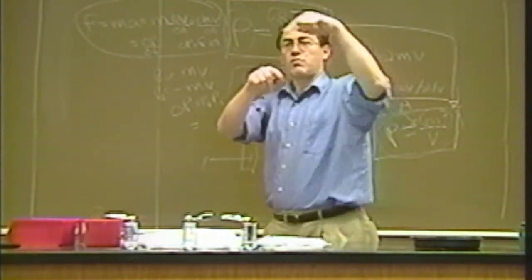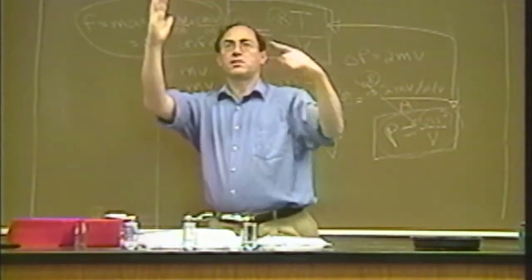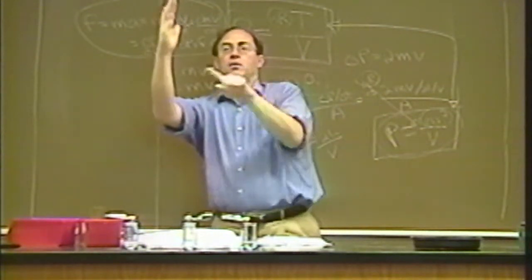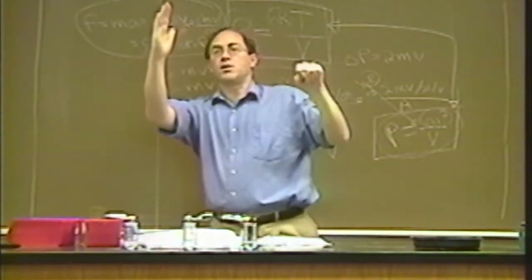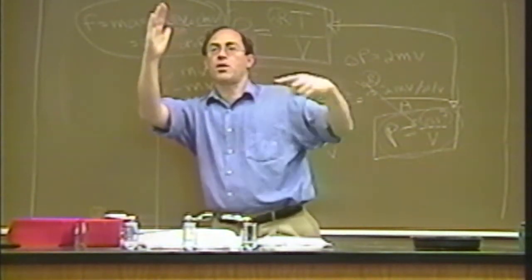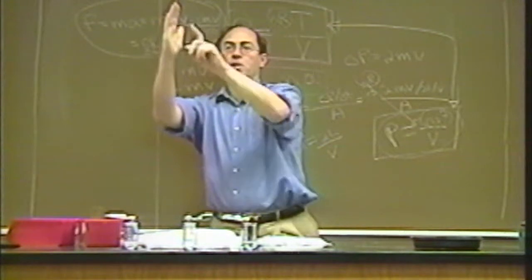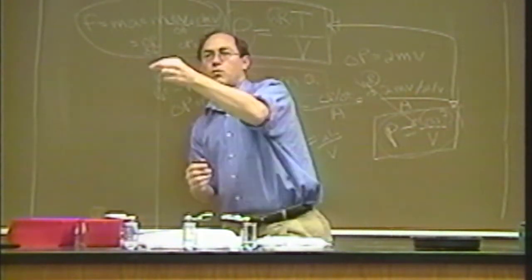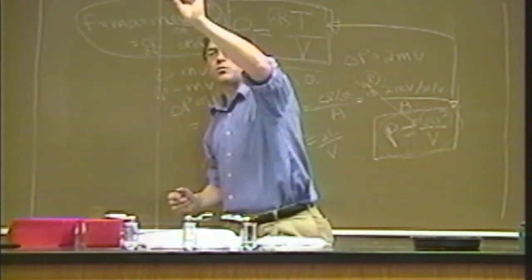Obviously, vx squared plus vy squared is equal to v squared. The total velocity squared is equal to the x component squared of the velocity and the y component squared. So if it's moving like this, it's moving both like this and like that. This squared plus that squared is equal to the total squared.